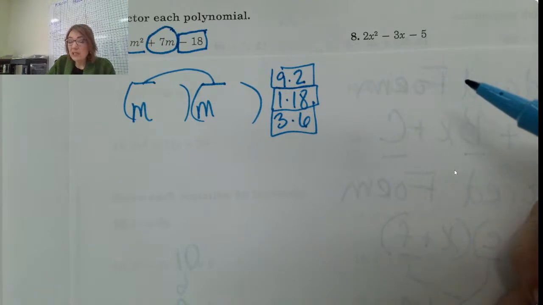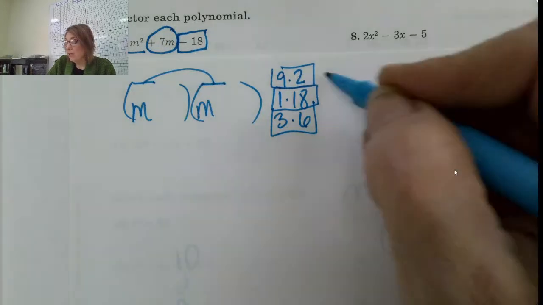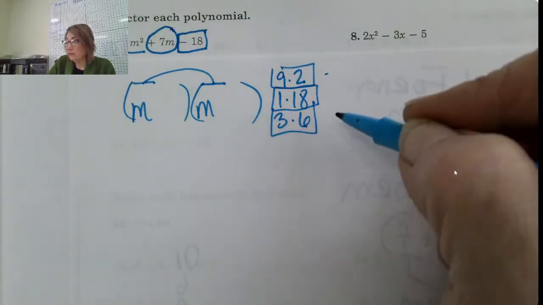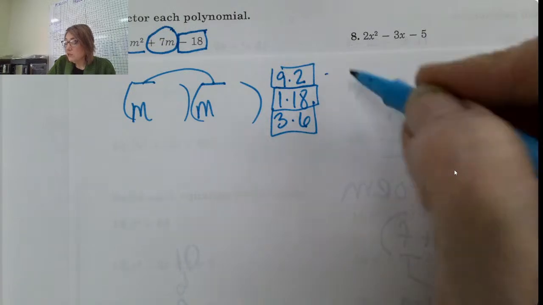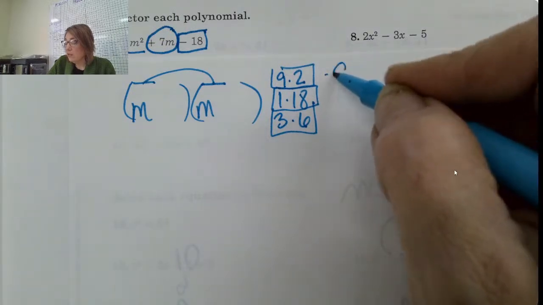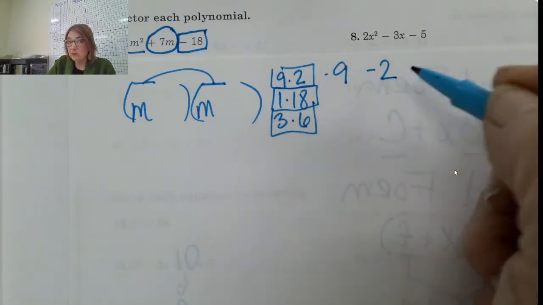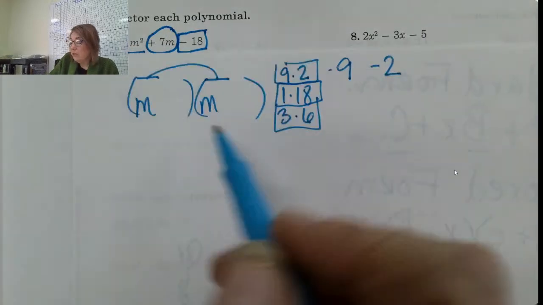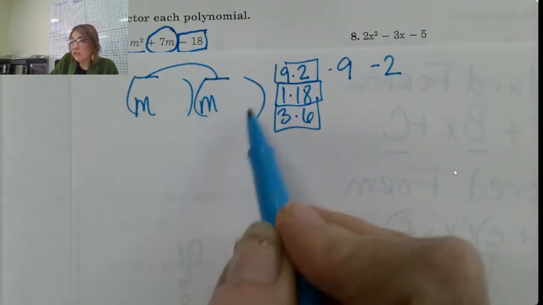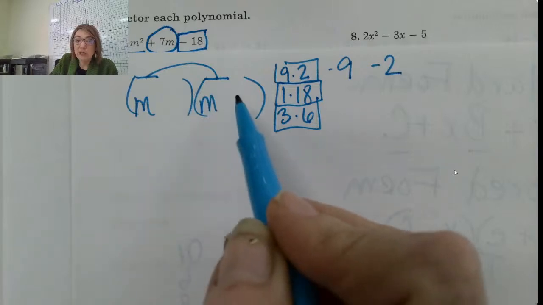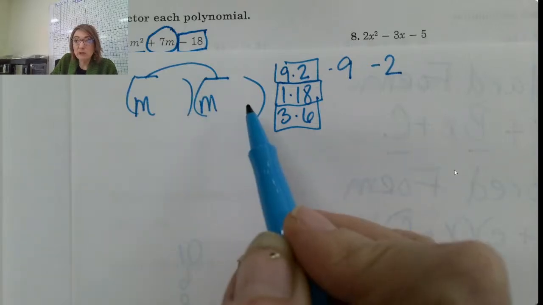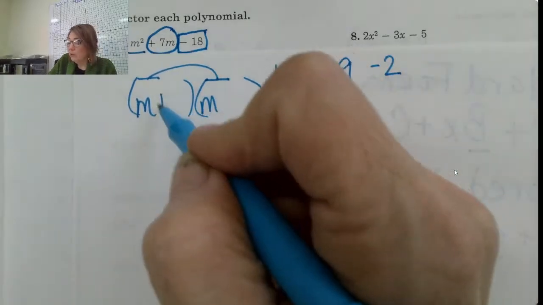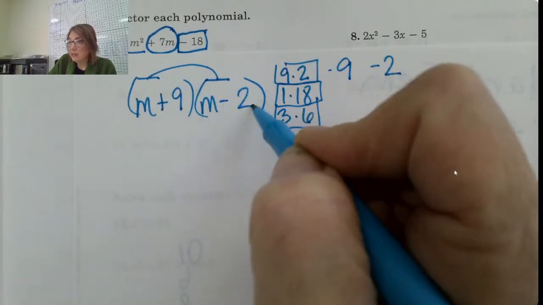Either added or subtracted. In this case, we would have to subtract 9 and 2 to get that. Right? So that means that we're going to have a positive 9 and a negative 2. How can we get a positive 9 and a negative 2 in here? We would put plus 9 and minus 2.